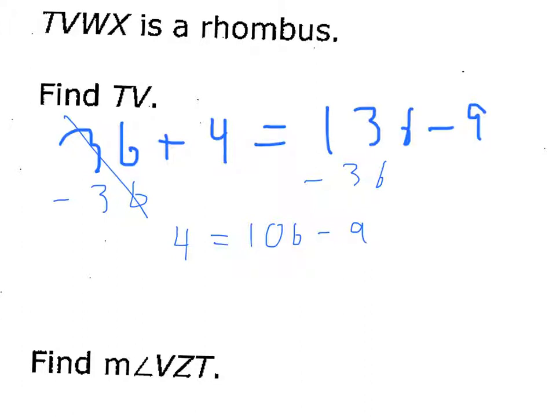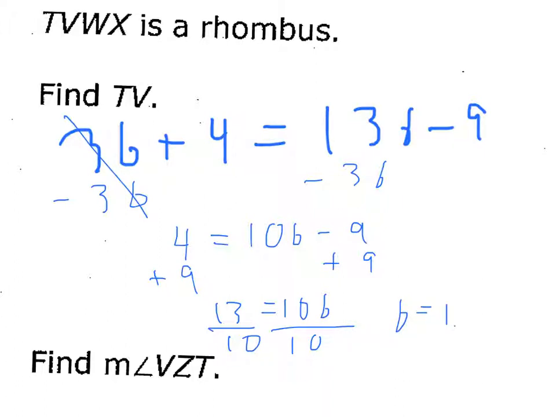Then we can go ahead and add 9 on both sides. That would give me 13 equals 10b, and then divide each side by 10. Okay, so if you divide each side by 10, your b would end up equaling 1.3.